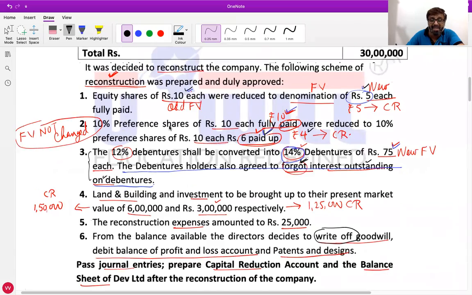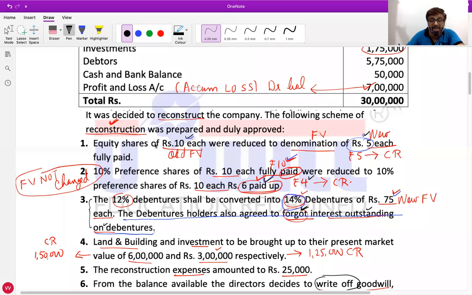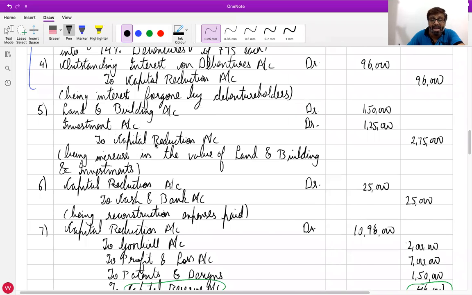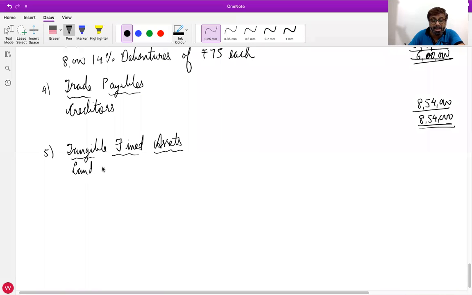You all can see that we have land and building whose value has gone up. Plant and machinery is not affected in any of the entries. So land and building will directly be written at the new value of 6 lakhs. Written off is not there, it is only to be shown if at all.